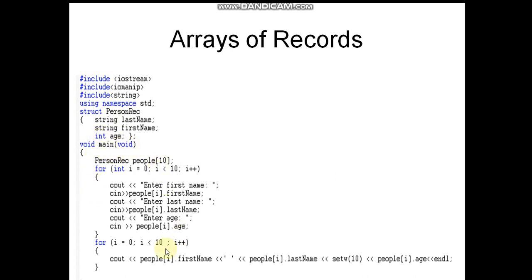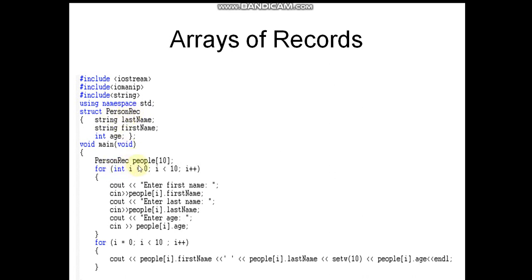Then we have this driver program, as I already told you in my previous videos, that the program where a structure has been used is called a driver program for that particular structure. Here the structure is person rec.